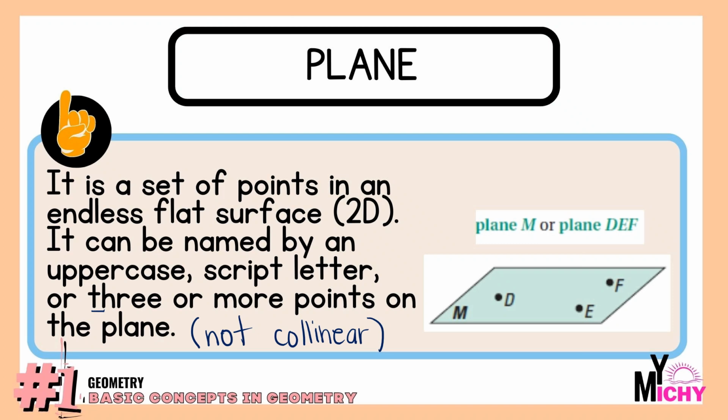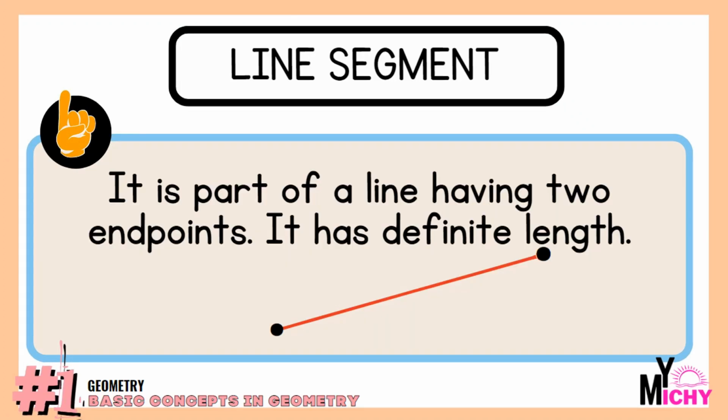So we have here an uppercase script letter, in this case plane M. So we can name it with one uppercase letter, or using 3 or more points. We have point D, point E, point F. So we can say that this plane is plane DEF.